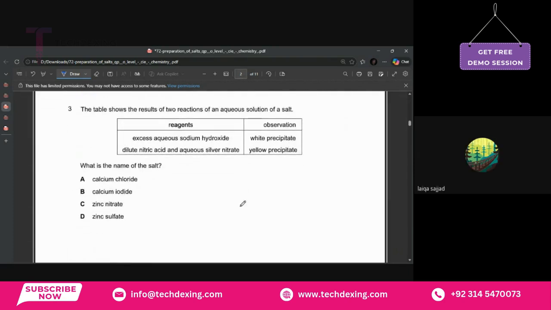The table shows the result of two reactions of an aqueous solution of a salt. Reagents are excess aqueous sodium hydroxide, and the observation is a white precipitate. The second one is dilute nitric acid and aqueous silver nitrate, and the observation is a yellow precipitate. What is the name of the salt?